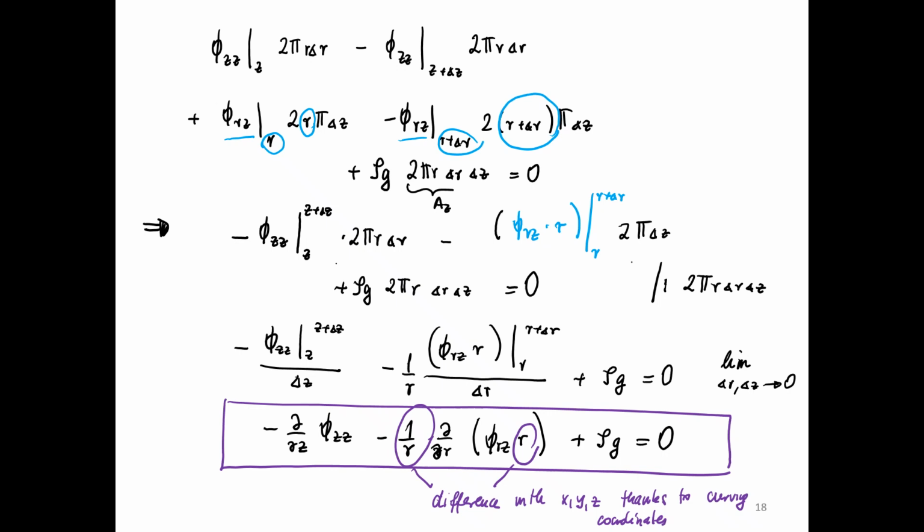Be attuned to the fact that Cartesian and cylindrical coordinate systems do not have completely equivalent forms. Sometimes they do, but often I have to make up for this curvature and this changing area as I'm changing R. So this equation is general.